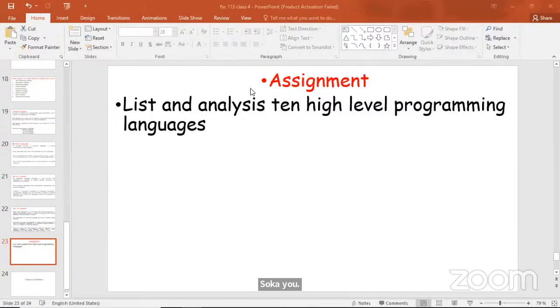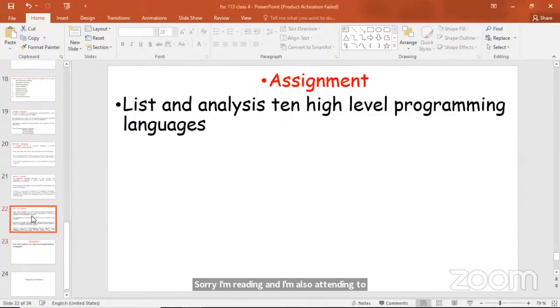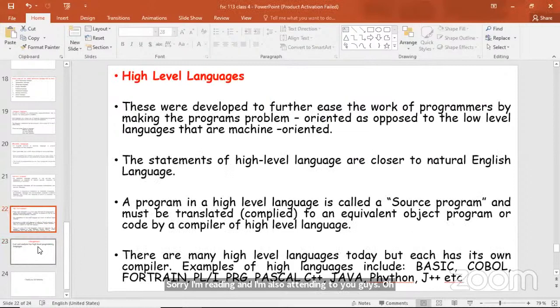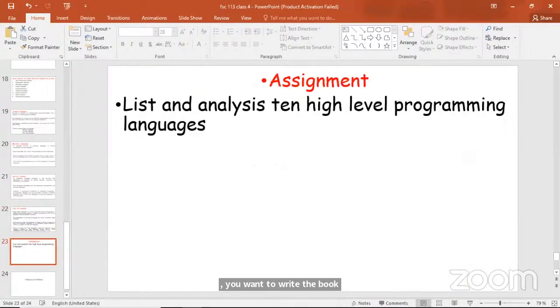Sir, can you go back to the last slide? What's there? Okay, sir, can you show the last slide of assembly language? It should be hard copy, right? No, it's not hard copy, sir. Can you go back to the slide? Okay. Sorry, I'm reading and I'm also attending to you guys. Slide 22, please.